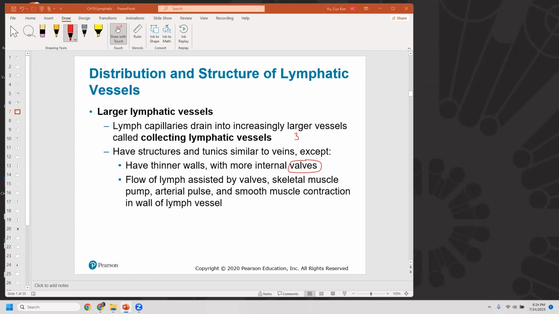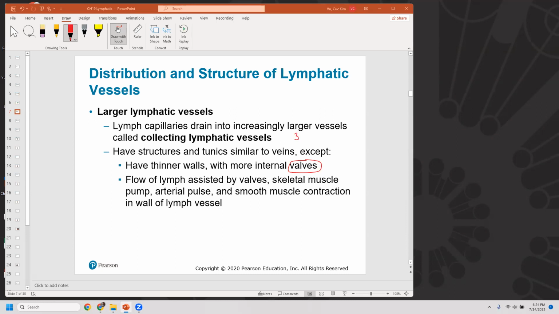Because the lymphatic vessels run along with the blood vessels, the arterial pulse, when the arteries are contracting and restricting, will also help move the flow of the lymph because they're side by side with each other. And then lastly, the smooth muscle of the lymph vessel wall itself contracting will also help move the lymph.